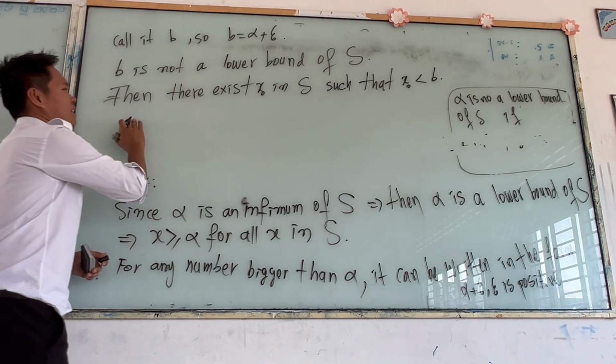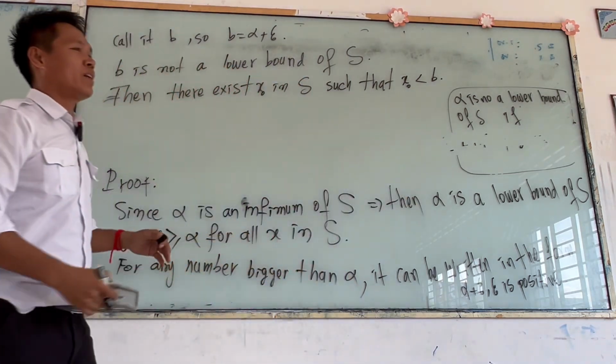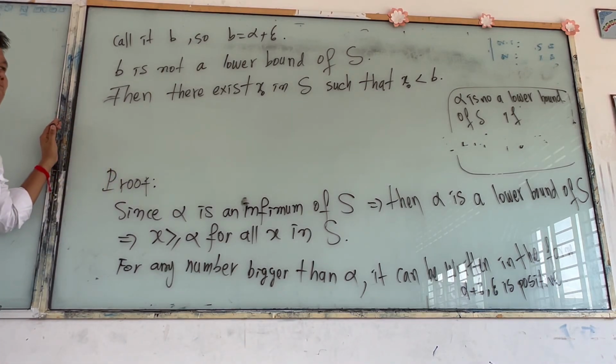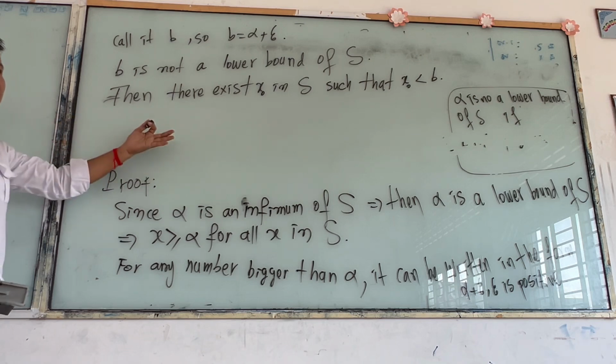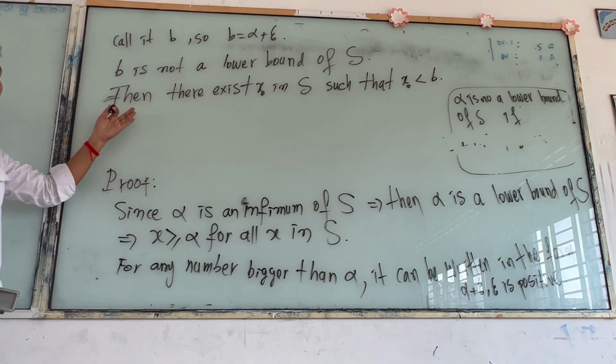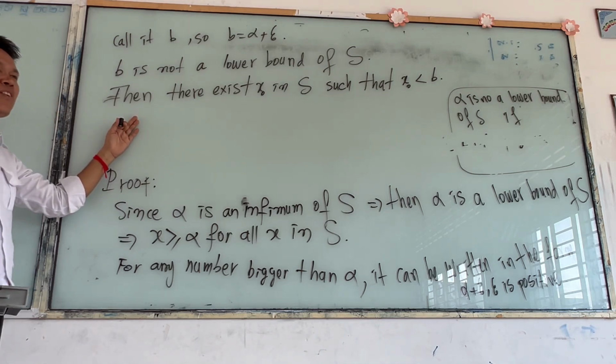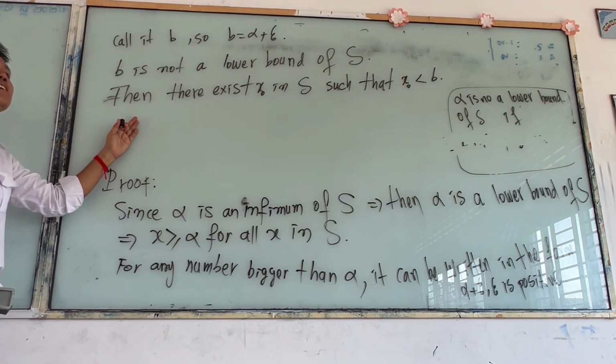And now I get there exists x0 in S such that x0 less than b, because b is not a lower bound of S. B is a lower bound of S if and only if x is greater than or equal to b for all x in S. And now b is not a lower bound, and then you get there exists x0 in S such that x0 less than b, right?